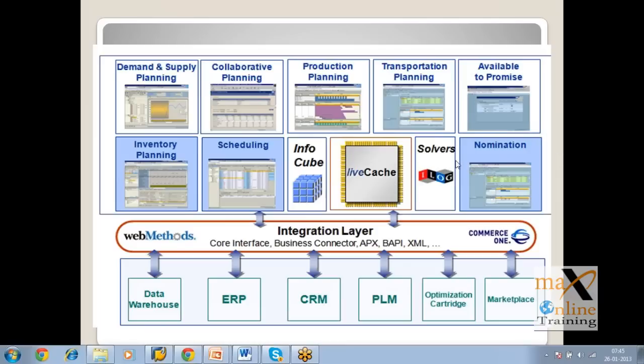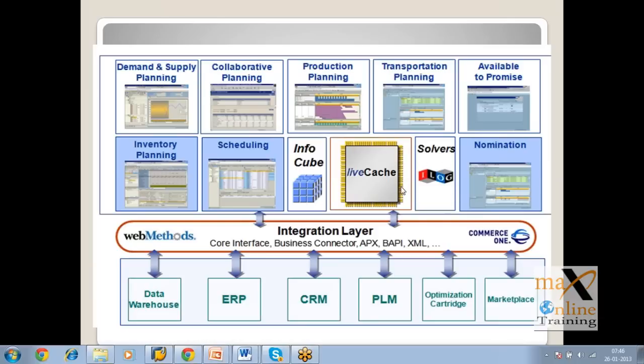Here we are talking about planning at the total global level. Even with 10,000 products, I can see them in my system within seconds because of this memory, the live cache. And this is the iLog server. This server does the optimization, and it is an IBM tool.